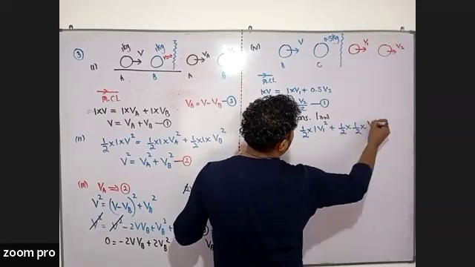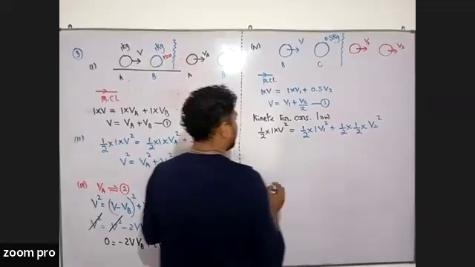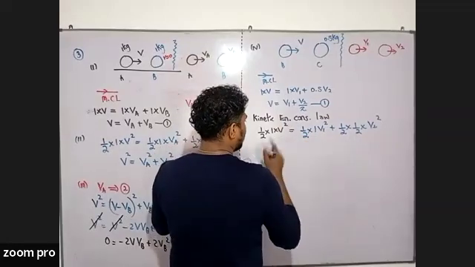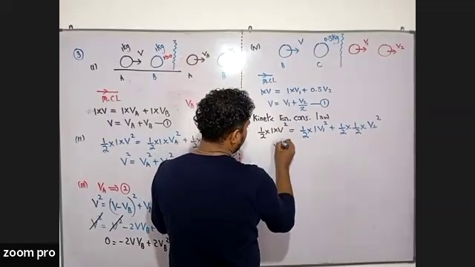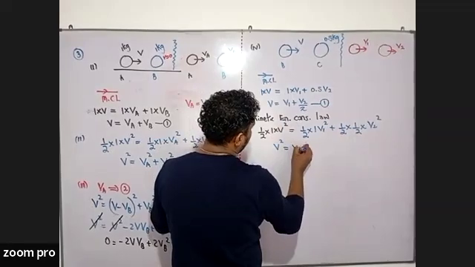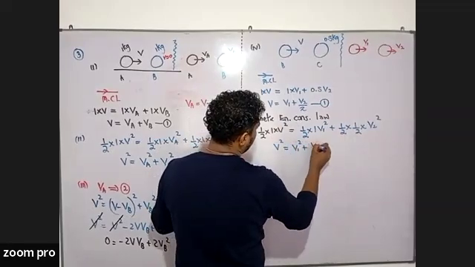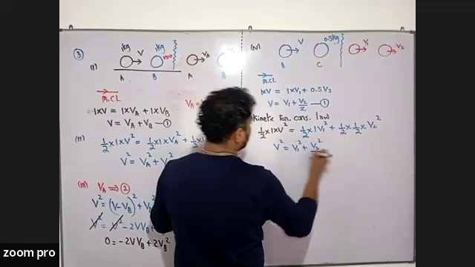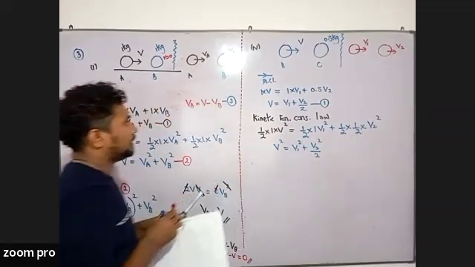If I cancel the half from each term, then V squared equals V1 squared plus V2 squared over 2.